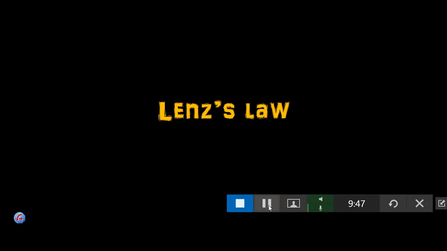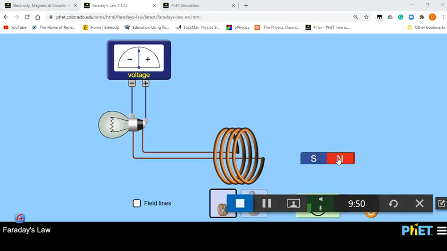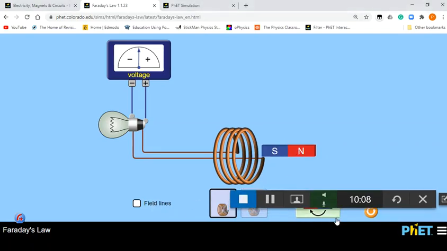Lenz's law. One of the interesting observations is when we look at the polarity: when I put a south in, I get a positive voltage. When I take the south out, I get a negative voltage. If I flip my magnet, when I put this north in, I get a negative, and when I pull the north out, I get a positive.